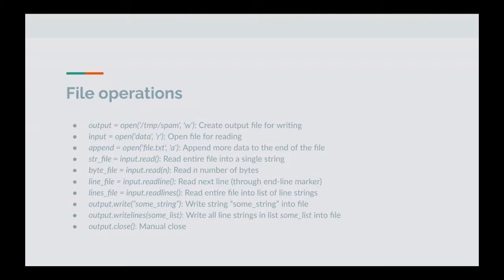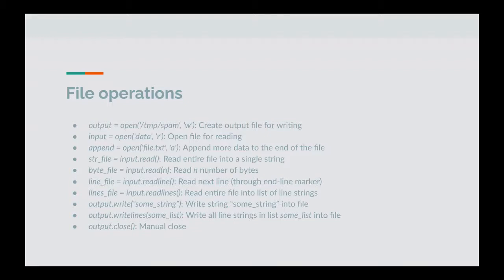You can read a certain number of bytes per read operation. You can iterate over the lines, using readline or readlines, and that would basically iterate line by line through the file.